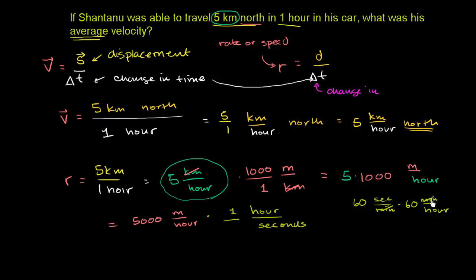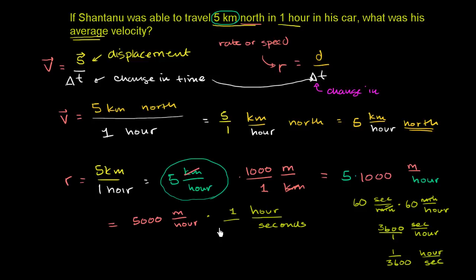The minutes cancel out. 60 times 60 is 3,600 seconds per hour. Or you could say this is 3,600 seconds for every 1 hour. Or if you flip them, you would get 1 over 3,600 hours per second, depending how you want to do it.